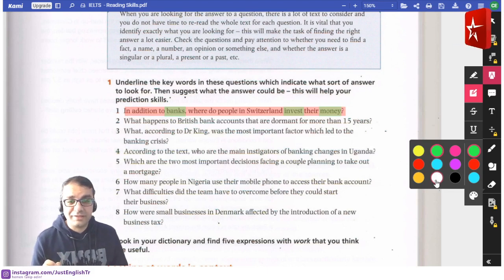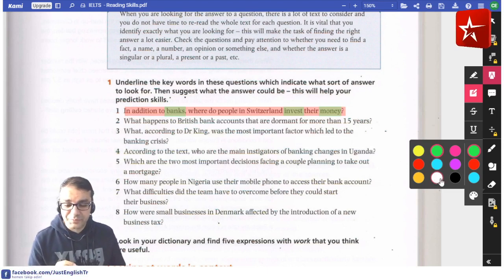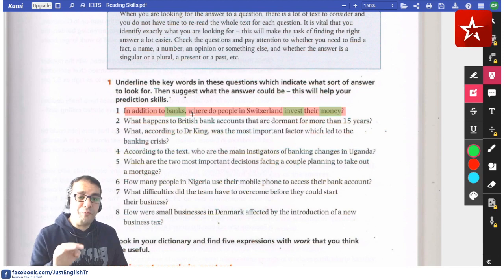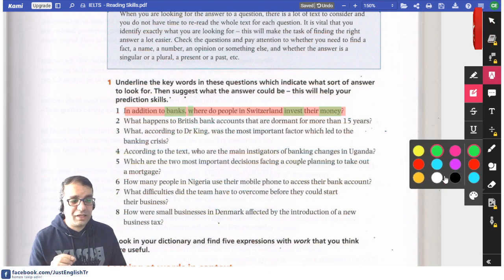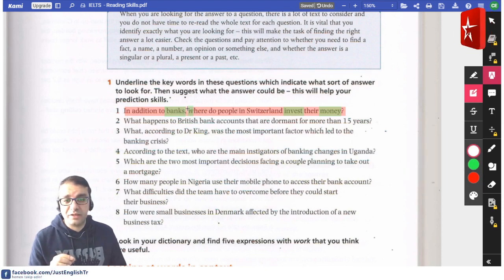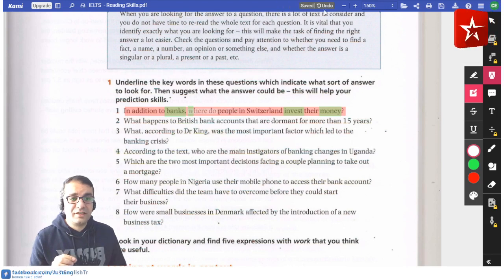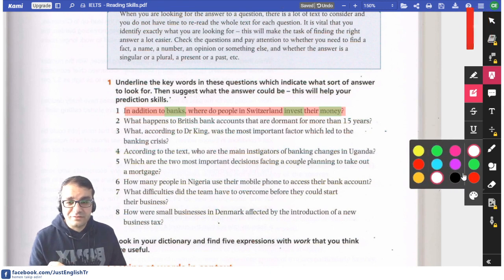The keyword is, look, how do we describe it here? Where do people in Switzerland? Hold a second, I'll put the white color so we can recognize it. That is actually the answer.